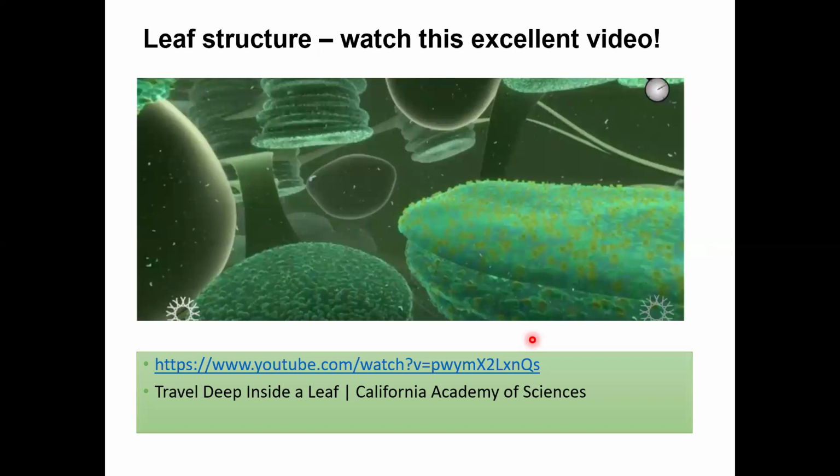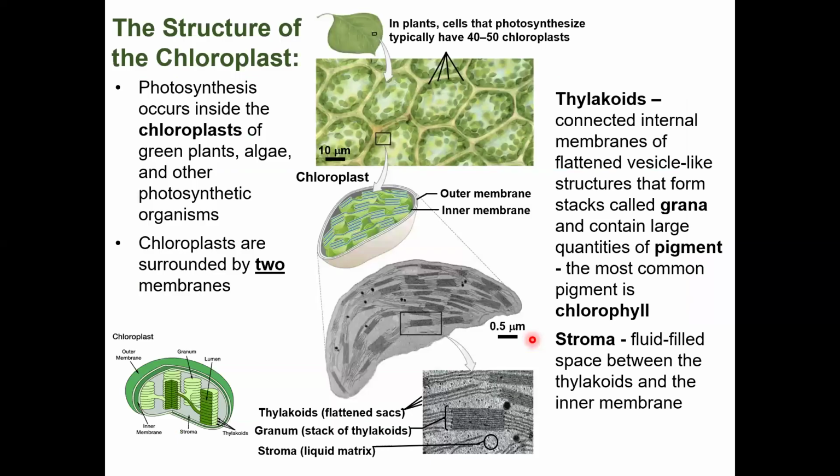Now, within plants, normally the process of photosynthesis occurs in the leaves, in the mesophyll layer of the leaf itself. If you want to look more into the structure of the leaf, check out this cool video here. But particularly, we're going to be focused on the structure called chloroplasts.